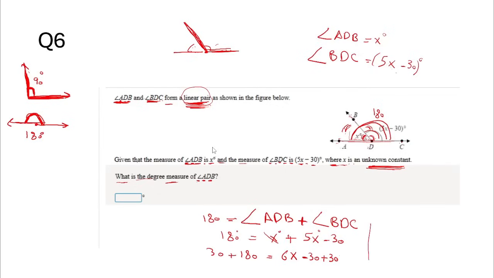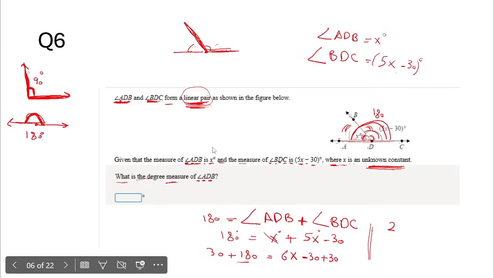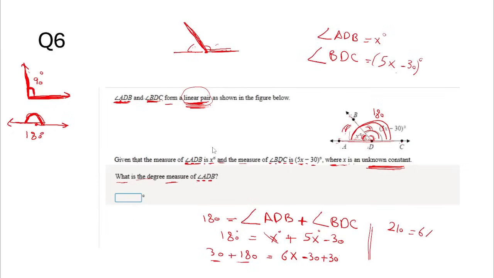So that means 210 equals 6x. So this is 6x, and I need x. To get x, I have to divide this by 6, and divide this by 6.